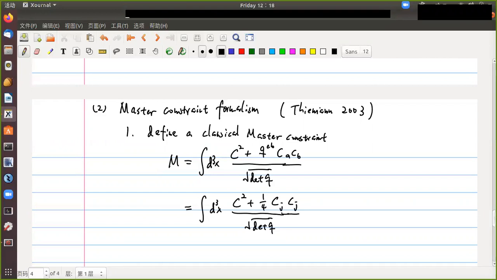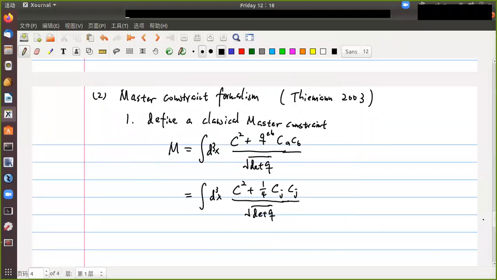Repeating index means summation. And you can see this is a non-degenerate quadratic form.